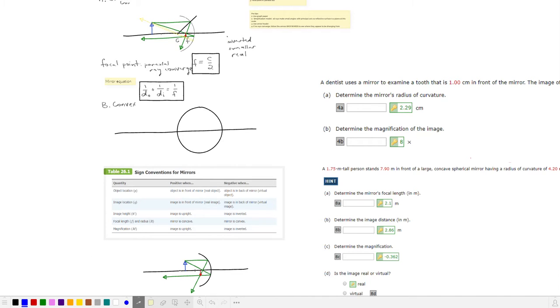Now we're going to be on this side, so the outside of the Christmas tree ornament before you've broken it. And let's see what happens to the rays now. This is still going to be the center, and halfway between the center of curvature and the reflecting surface is going to be the focal point.